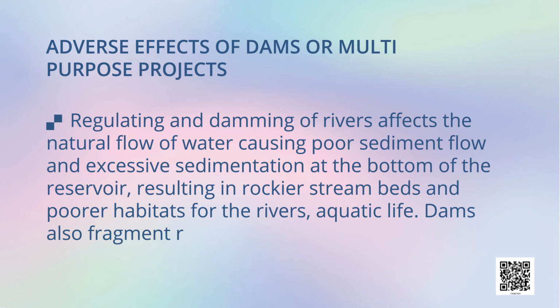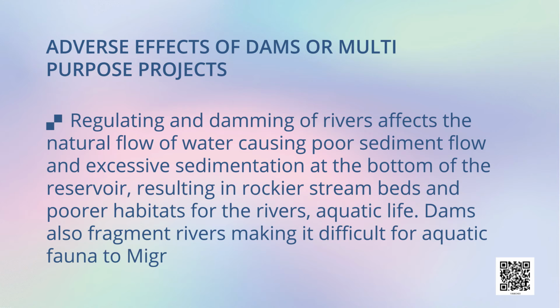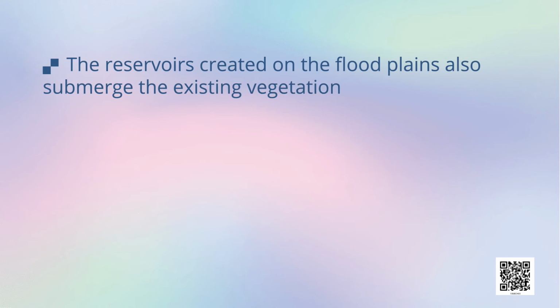Dams also fragment rivers, making it difficult for aquatic fauna to migrate, especially for spawning. Next, the reservoirs created on the flood plain also submerge the existing vegetation and soil, leading to its decomposition over a period of time.